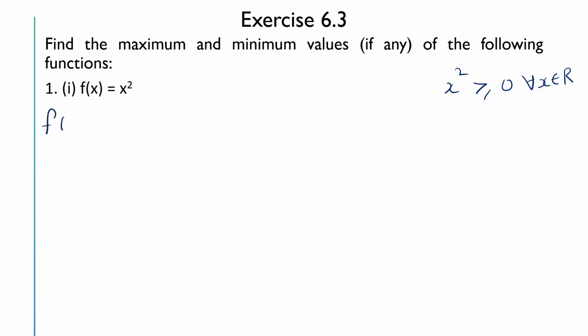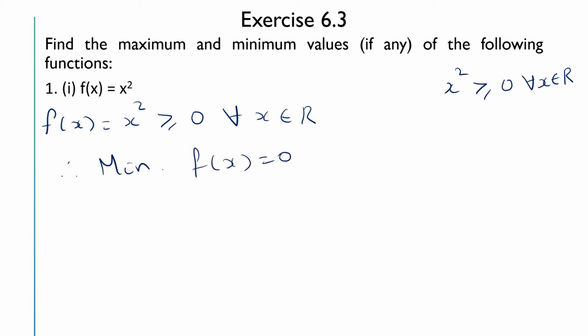So we have f(x) equal to x square greater than or equal to 0 for all x belongs to R. Therefore, minimum of f(x) equal to 0 and no maximum value, because the maximum value can be infinity. So the minimum value which x square can take is 0.